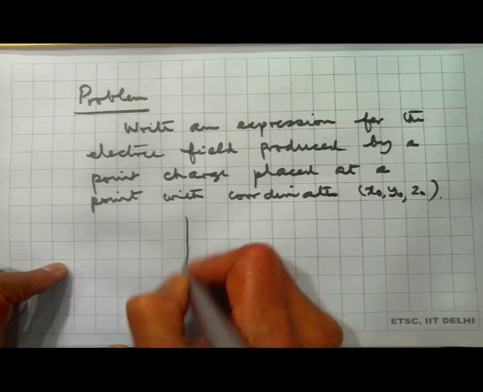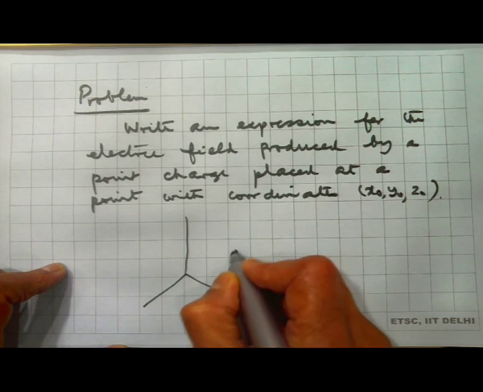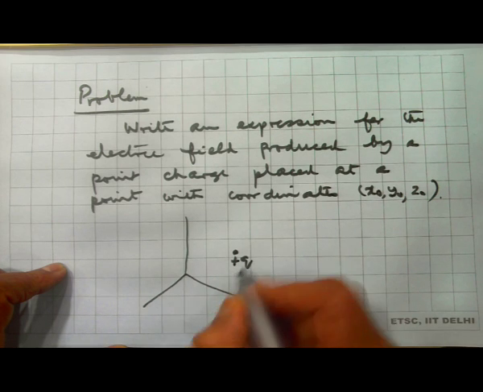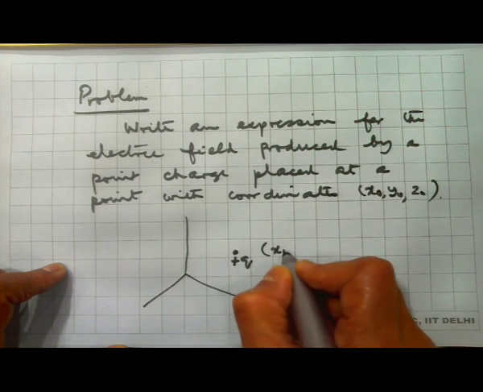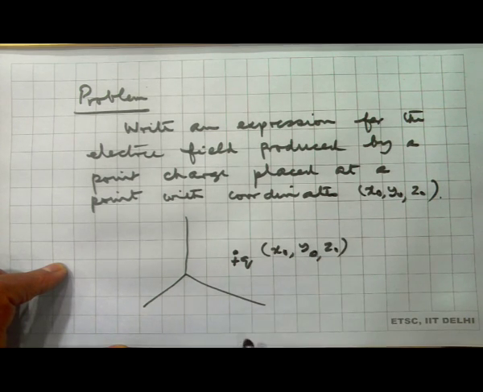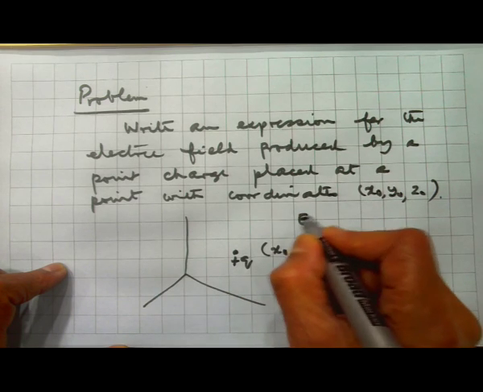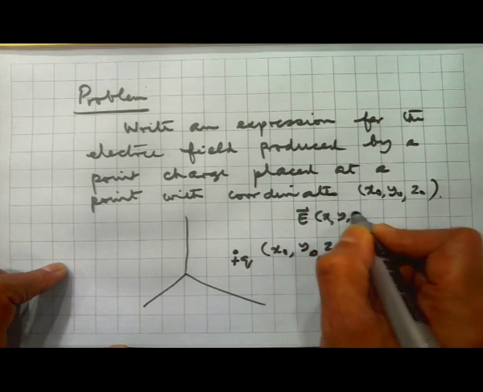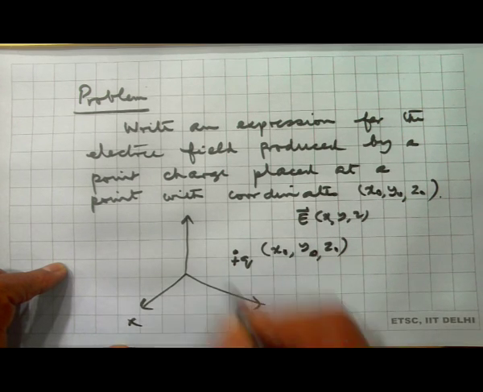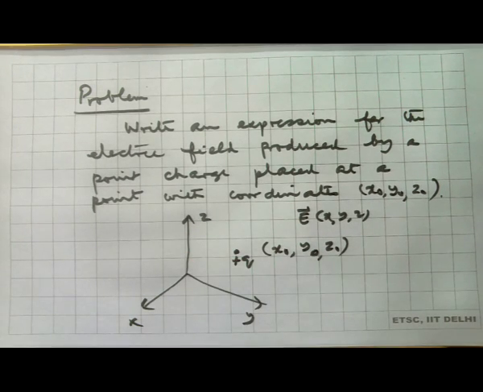So, here is my plane, and this is my point charge plus q, for example, the coordinate is x0, y0, z0. So, write the electric field as a function of x, y, z. Thank you.